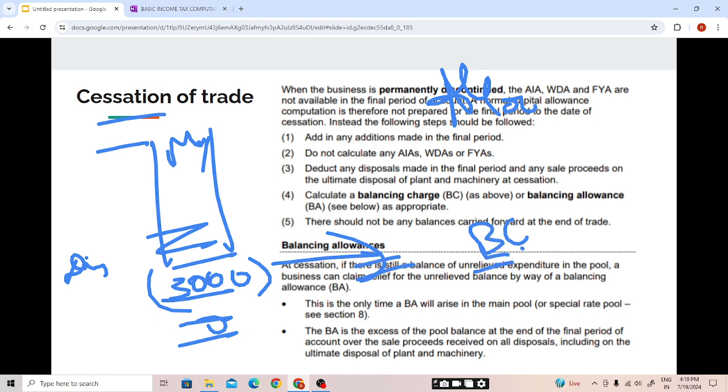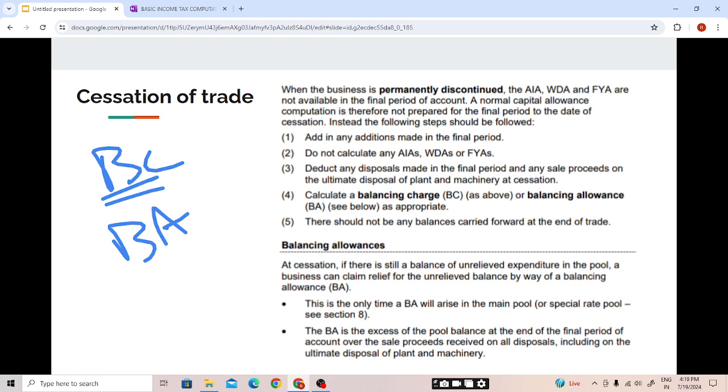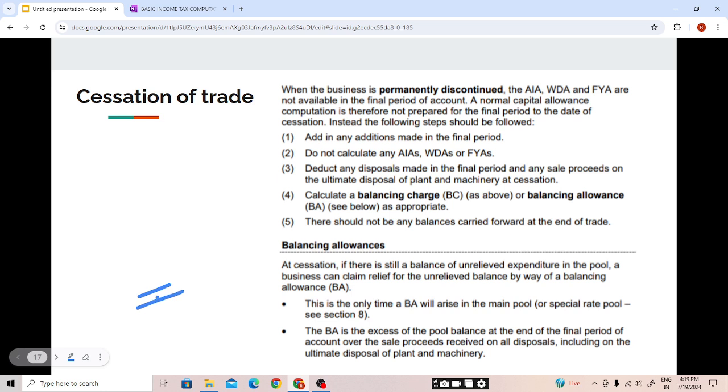It will be treated as balancing allowance. So students, we have balancing charge and balancing allowance. Balancing charge occurs when the proceeds exceed the total value of the column after the disposal, but balancing allowance will only come when we have disposed of all the assets and we are closing our business.